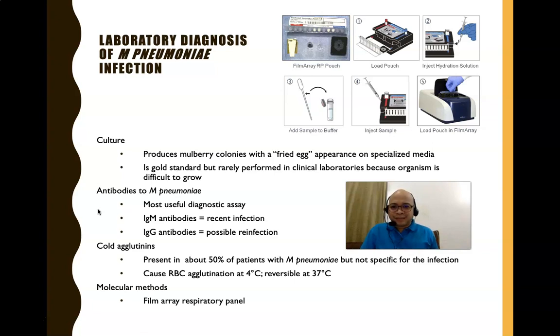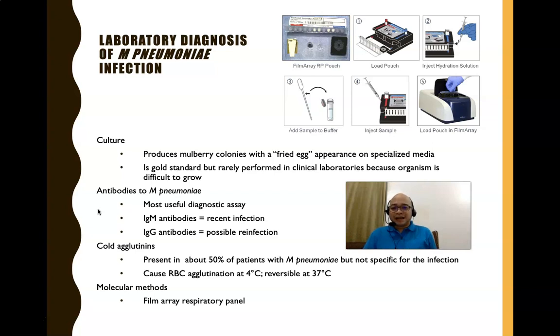Apparently the film array respiratory panel has a very high sensitivity and specificity, more than 97%, and it doesn't only detect Mycoplasma pneumoniae, it may also detect Bordetella, for example, respiratory syncytial virus, coronavirus, influenza virus. So it can detect up to 21 pathogens. So when they discovered it, SARS-CoV-2 hasn't emerged yet.